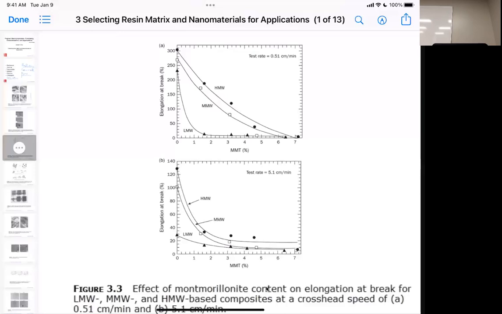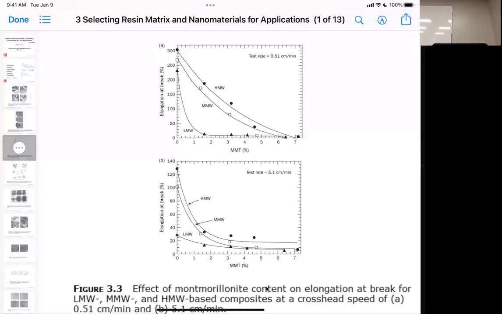Okay, so in this case, what's really happening? Your material is getting more brittle, but it's getting tougher. It's not elongating as much. You don't see the stress-strain curve here, but it's getting harder to pull it. So this is hardening the material because of the molecular weight interaction.